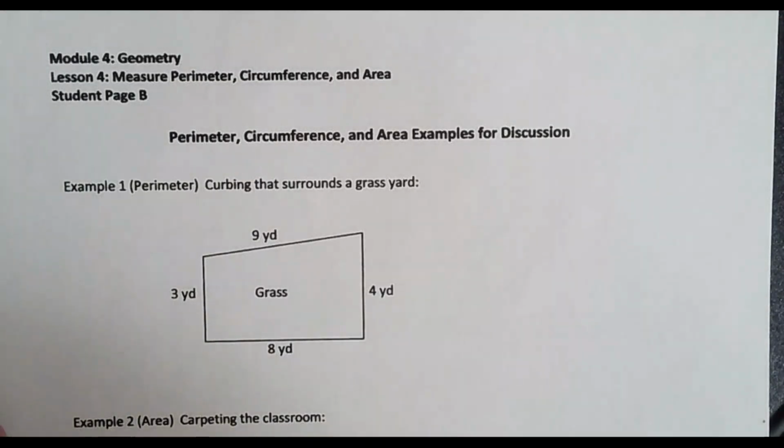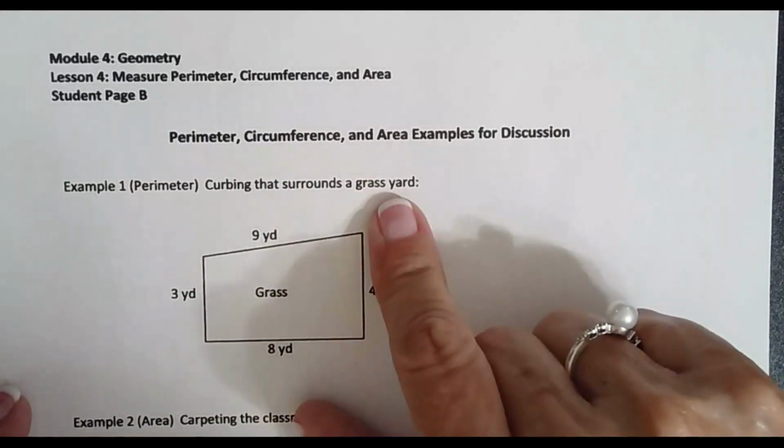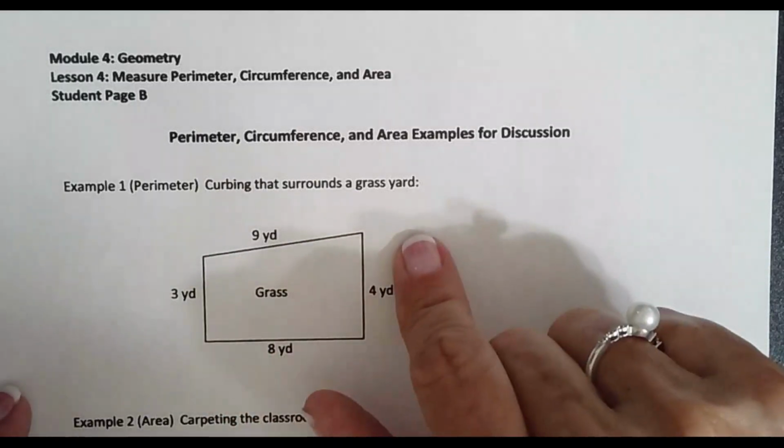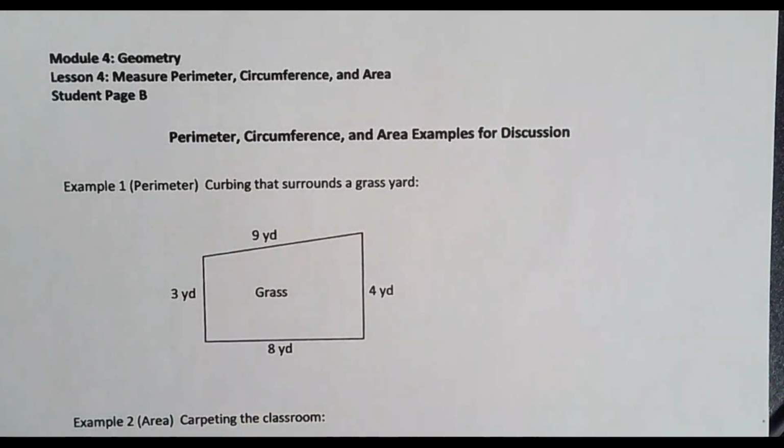If you decided you were going to replace your baseboard, you would find the perimeter of the room in order to figure out how much wood you would need to buy. So here, if we have, let's say, a garden, oh, this says a grass yard, and we want to put curbing around it, you know how some people have the little cement around the outside, we would have to find the perimeter, the distance around the outside, in order to know how many little bricks or whatever you're going to use to buy.